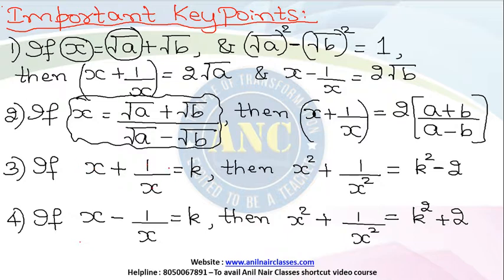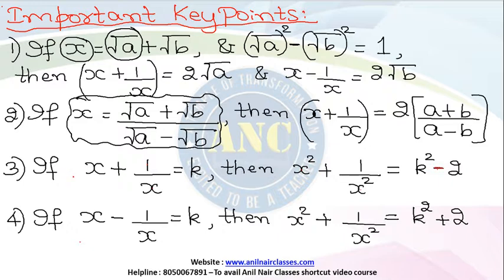coefficient of 1 by x is also 1, and in the same third key point it is k square minus 2. Here also the coefficient of x square is 1, the coefficient of 1 by x square is also 1, and the formula finally is k square minus 2.